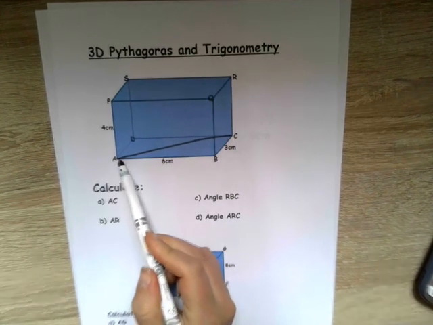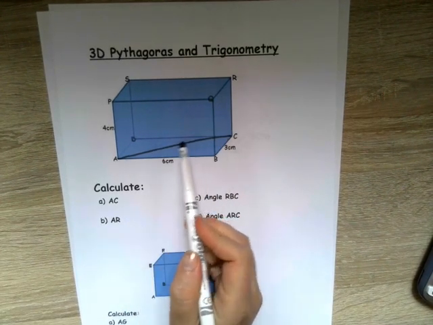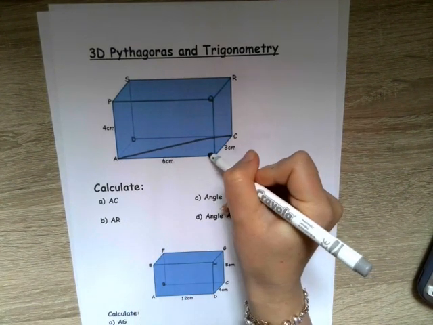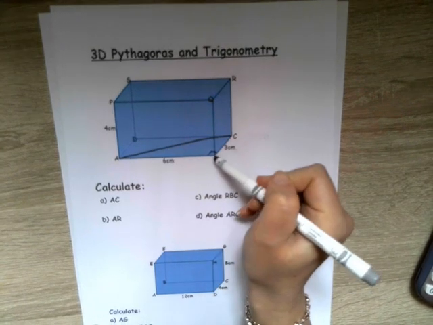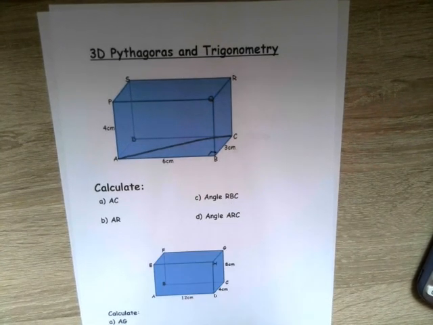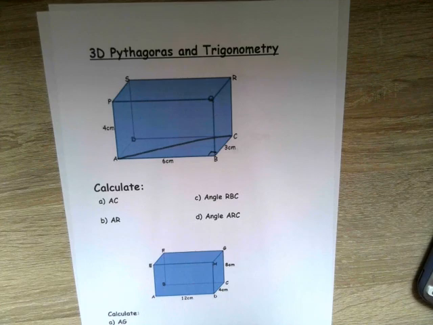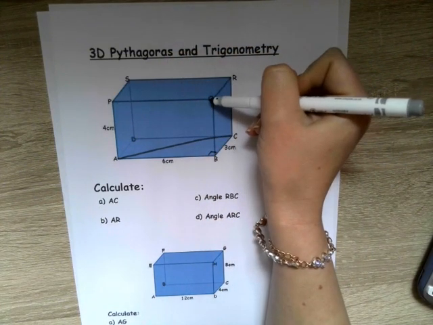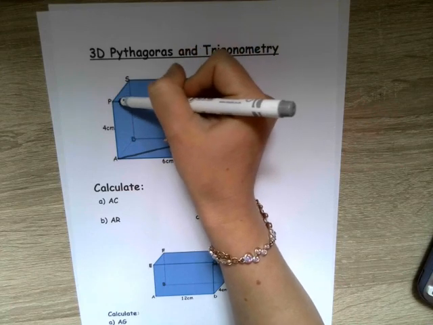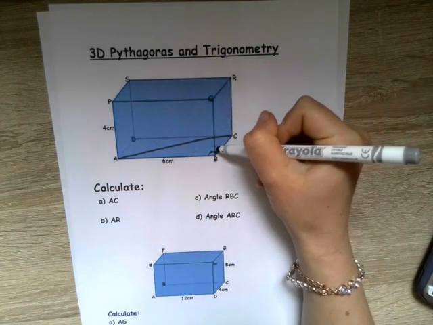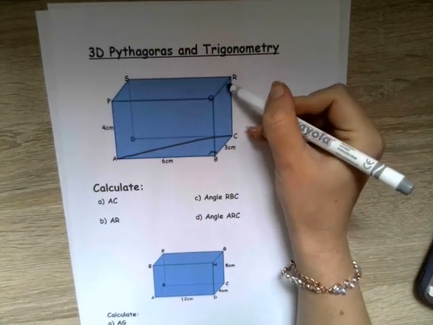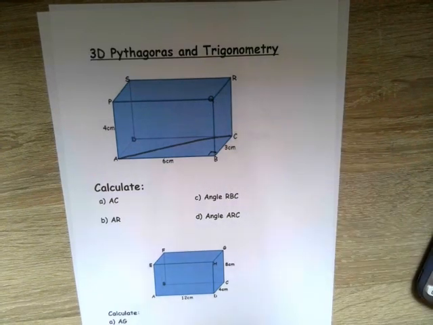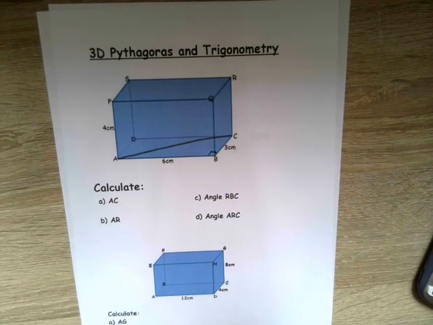The one that I've made here between A, B and C, there is a right angle here because the bottom of the cuboid is just a rectangle, isn't it? So this angle here would be a right angle. Likewise, you've got them on other sides as well. If you're looking at the top, if you drew a line across, there'd be a right angle here. So anywhere that's a corner on one of the sides is going to be a right angle, because they're all made up of rectangles.